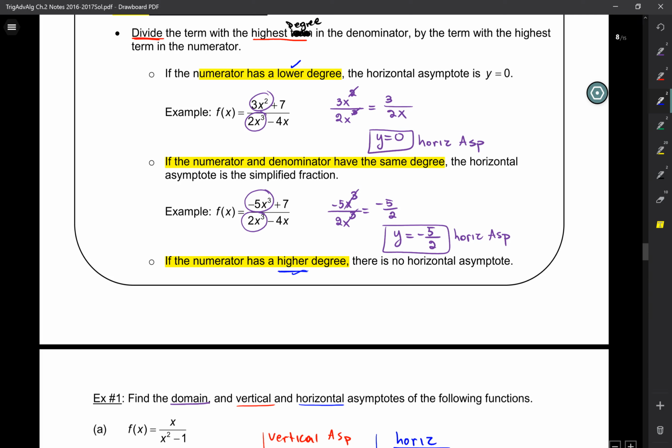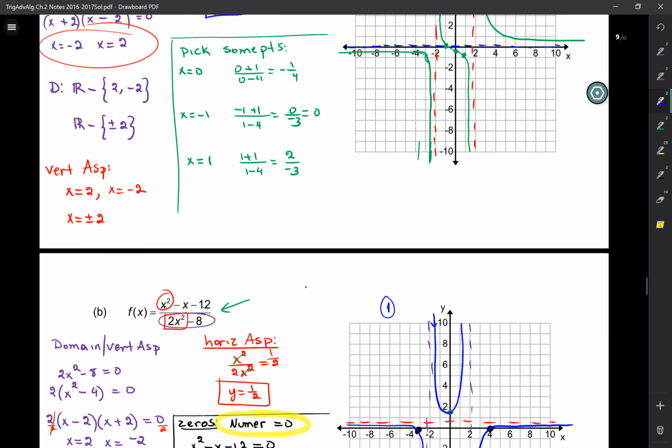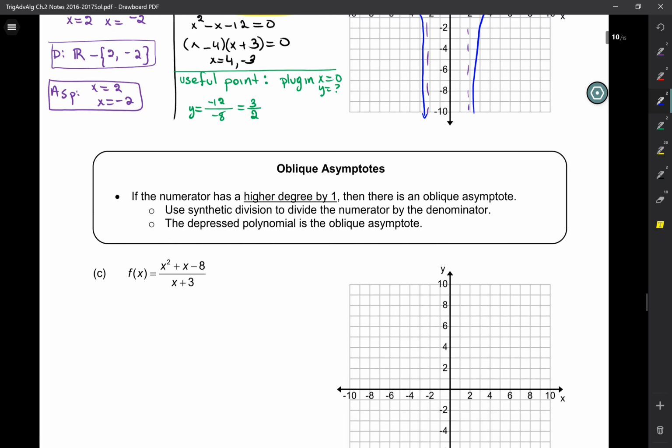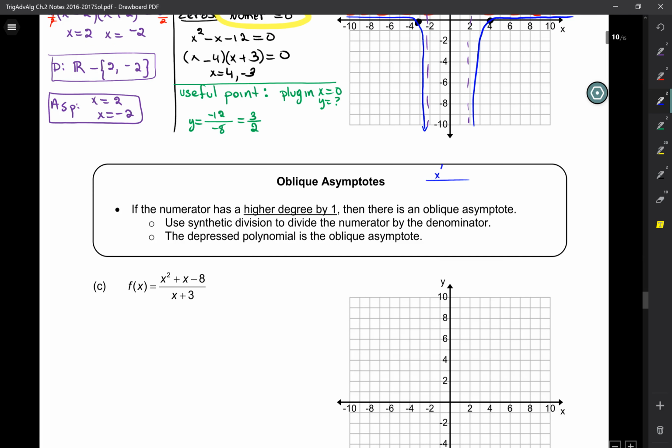If the numerator has a higher degree, but it's only higher by 1, so for example, if it's x to the 4 and x cubed, or if it's x squared over x to the 1, if the numerator's exponent is higher by exactly one number, then there is what we call an oblique asymptote. Oblique means, previously we used to call it a slant asymptote. So basically it's a slanted line.